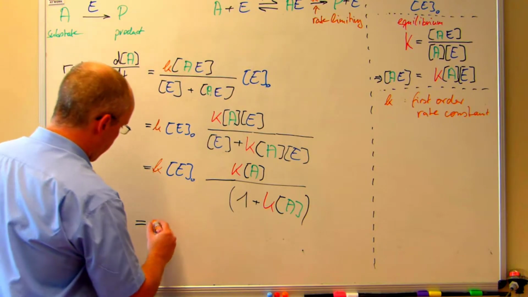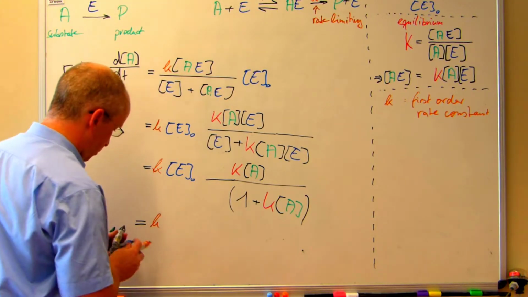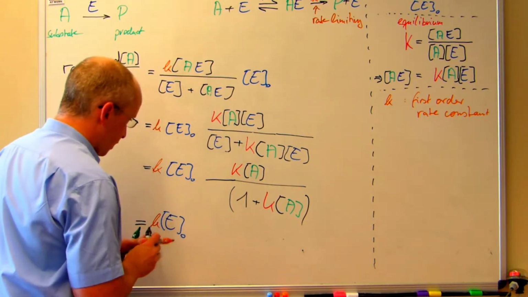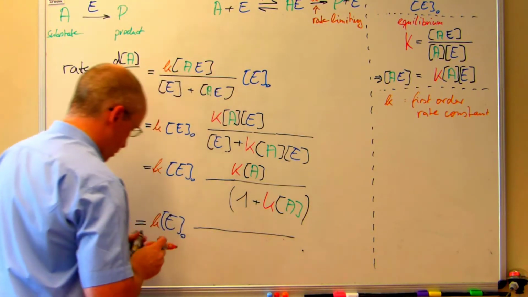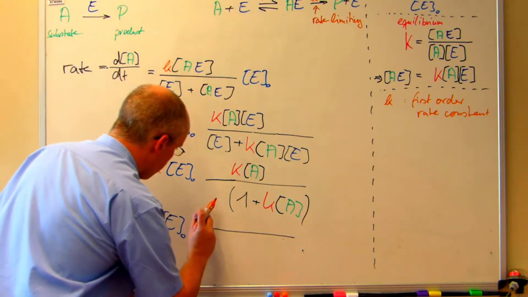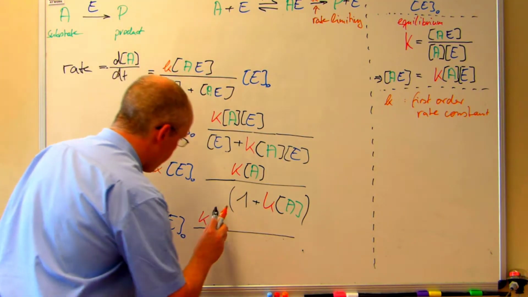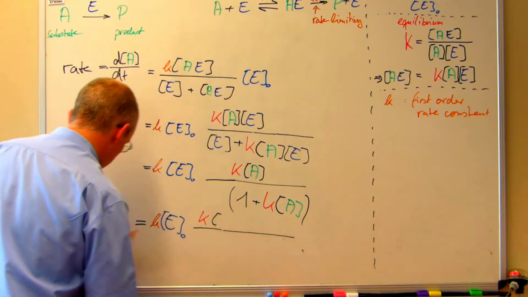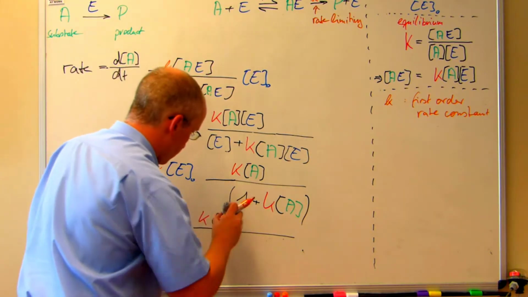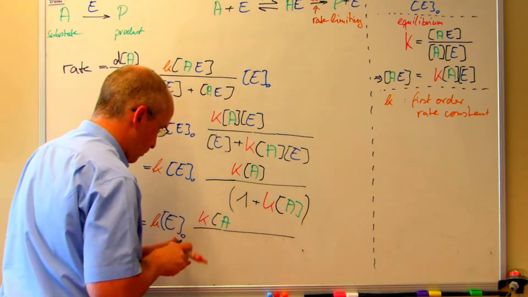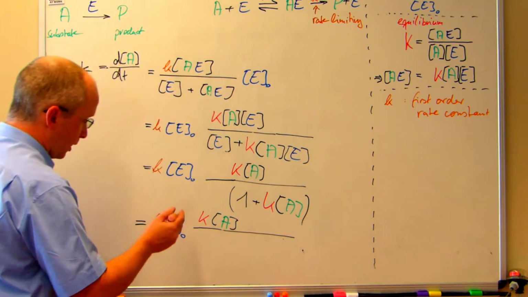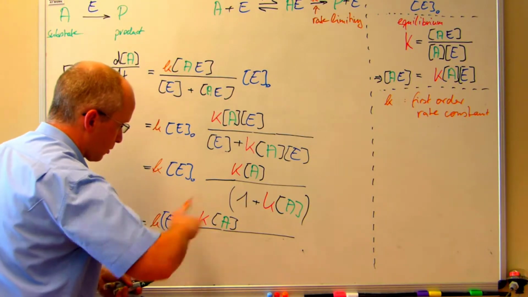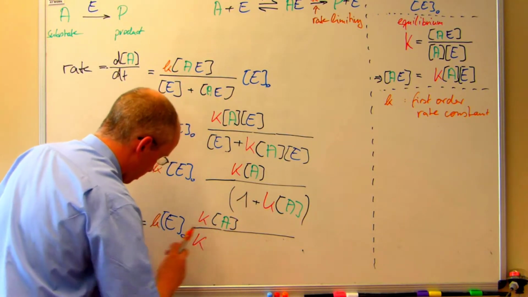And then we get something where we have some sort of K. Yeah, we still have E0 here. And I get a K times A. And I also get K here.